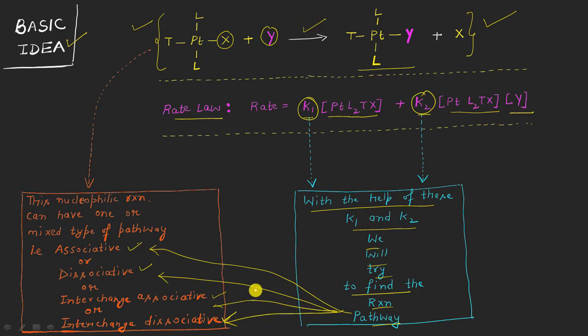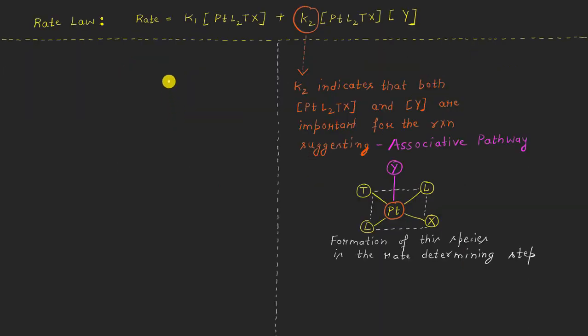Okay, so now let us have a look at how from the values of K1 and K2 we can find out what kind of pathway this reaction is actually following, so that we can finally analyze our rate law equation, right? So this whole lecture is all about this thing. Now you can see that from the rate law equation, which is actually this here, the K2 term indicates that both the concentration of the starting complex material as well as that of the entering nucleophile are important for the reaction.